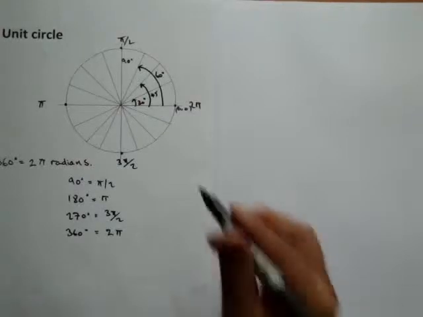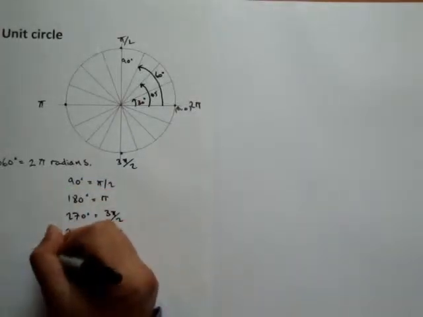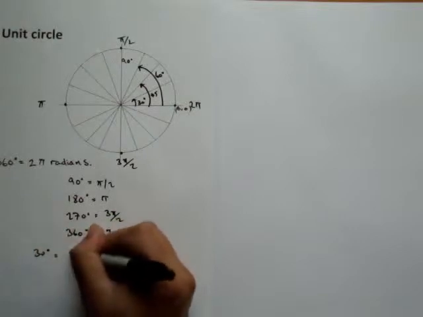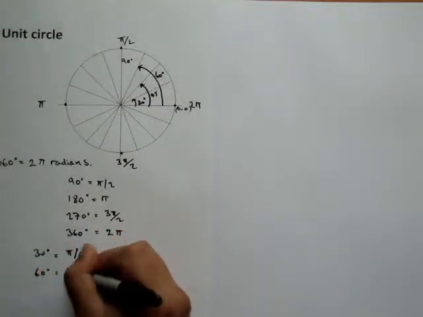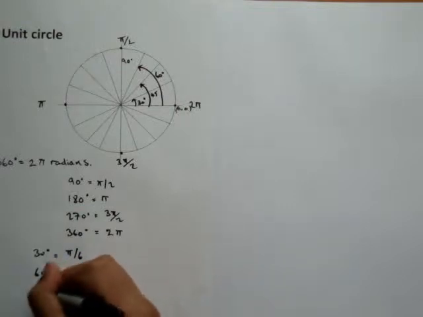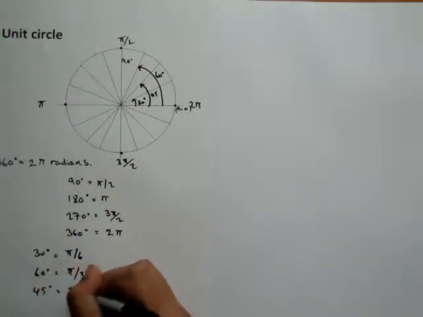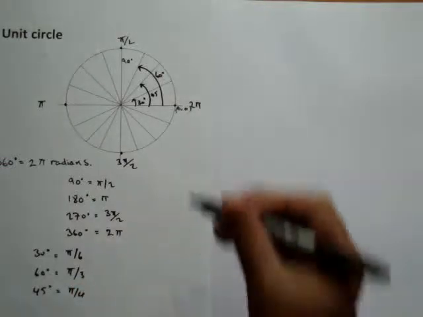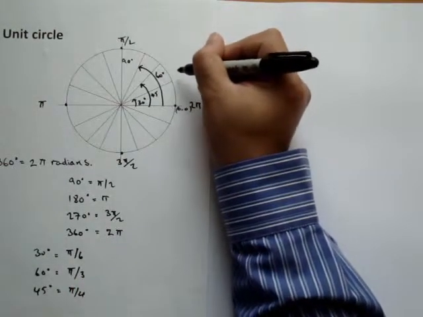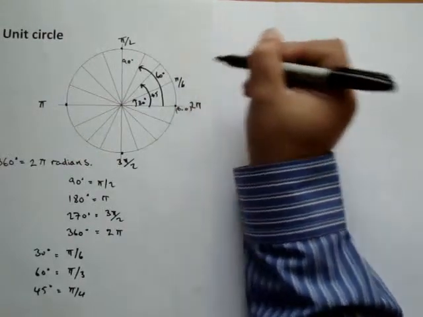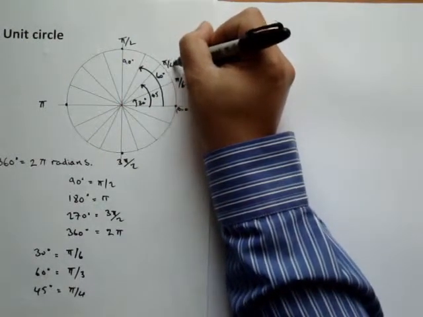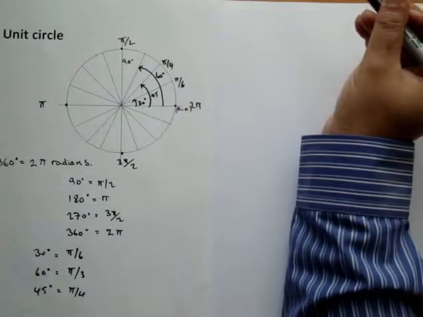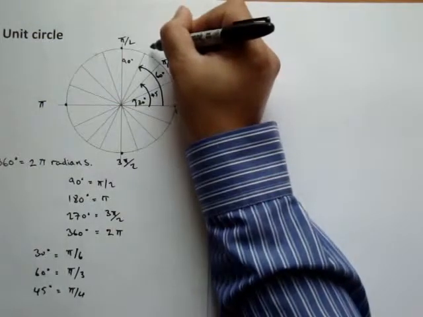Now from these calculations again, we get 30 degrees is pi over 6, 60 degrees is pi over 3, and 45 degrees is pi over 4. So let's label those. 30 degrees would be pi over 6. 45 degrees would be pi over 4. And 60 degrees would be pi over 3.